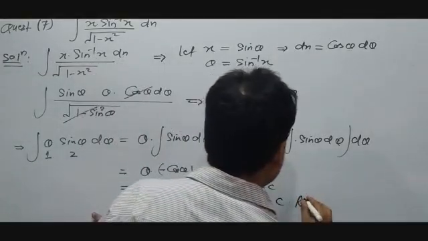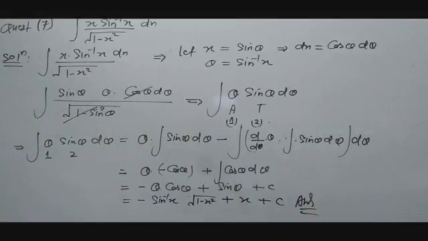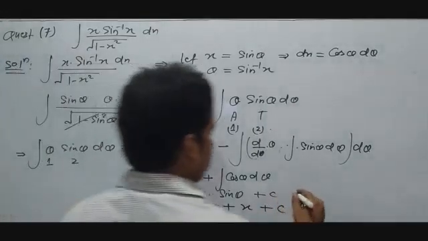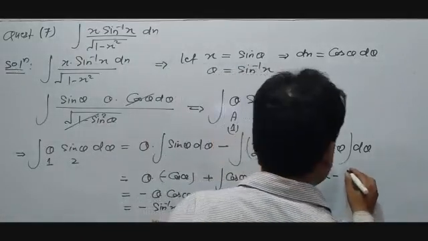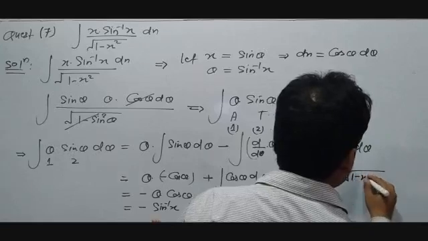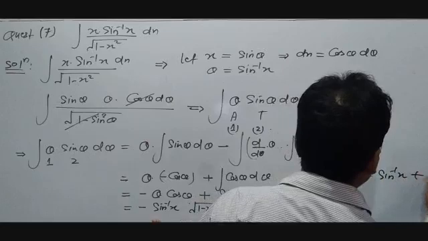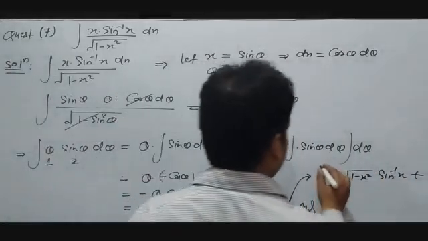Now this is the answer in terms of x. Now question number 7 is completed. Now this answer can be written in format x minus root over 1 minus x square sine inverse x plus c. Also this is the format.